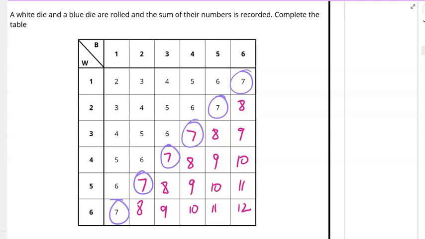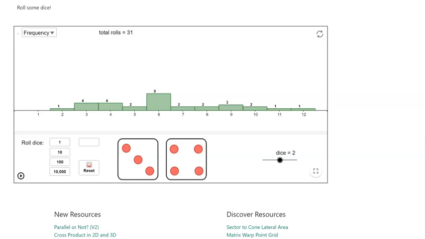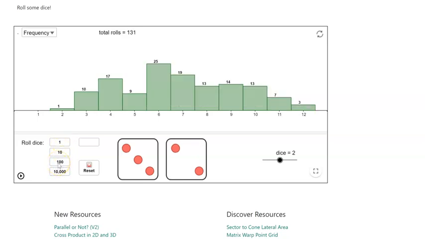Now, if we go back to our little simulation, if we were to reset this and roll the die 100 times, in 100 goes, actually this one had 6, 7 was second. So this is what happens with experimental probability.